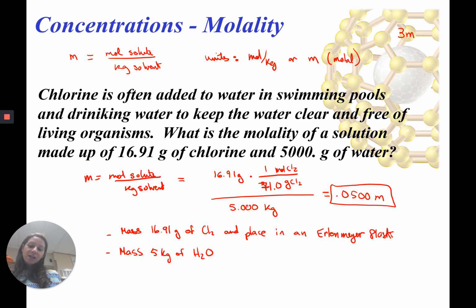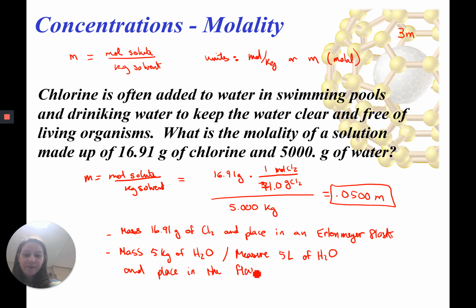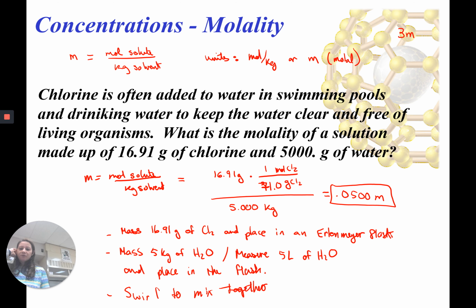The density of water is 1 gram per milliliter, so you could measure 5 liters of water. Place in the flask, swirl to mix together. So when it's water, if you're given the mass, you can use the density to measure the volume instead. But either way would work.